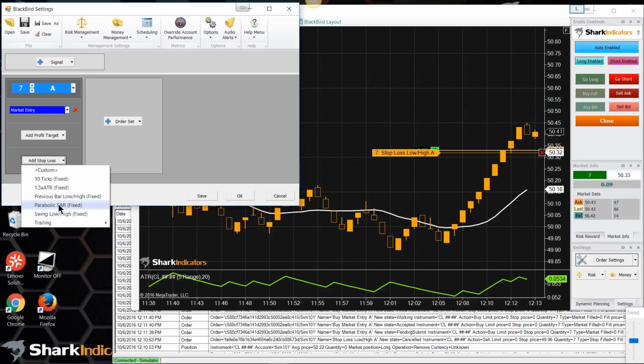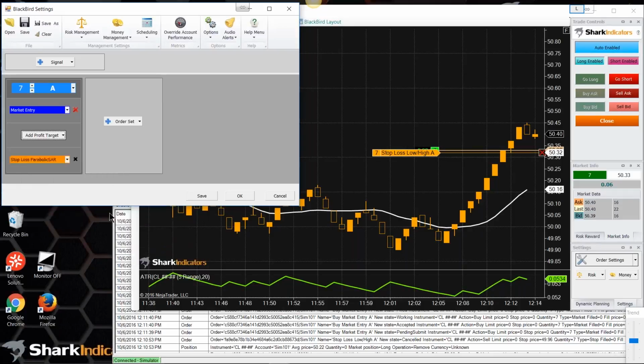The parabolic SAR is sort of a stop loss type of indicator, and we could set our stop loss at a fixed location of wherever the parabolic SAR was when we executed the trade. Or we could set up a trailing parabolic SAR stop loss. So let's use the trailing one.